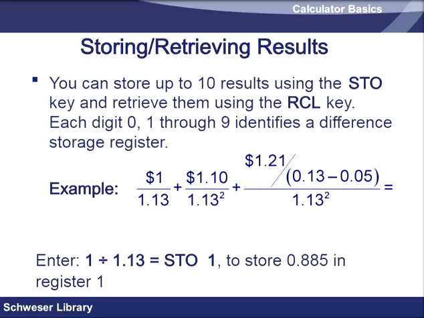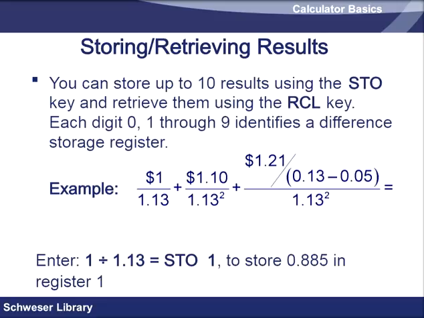For example, this is a problem derived from the dividend discount model, the constant growth model. What we're going to do here is do it in pieces. We take that first piece and go 1 divided by 1.13 equals, and then hit store and then 1.